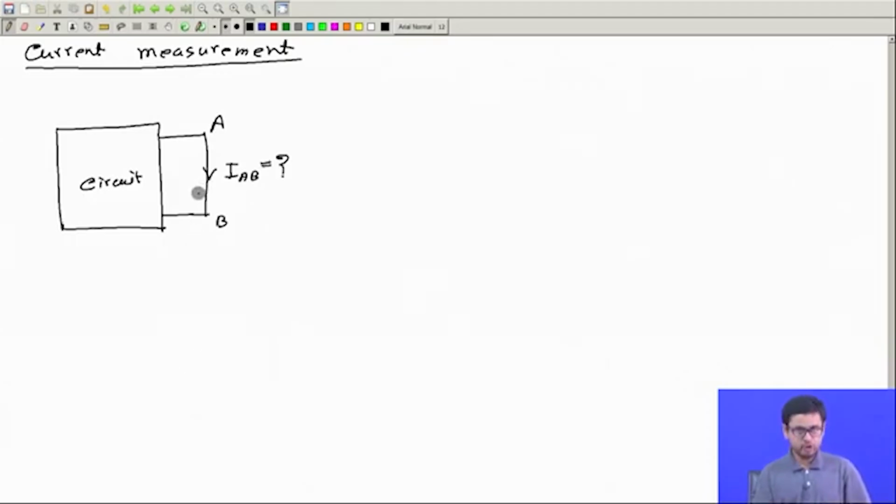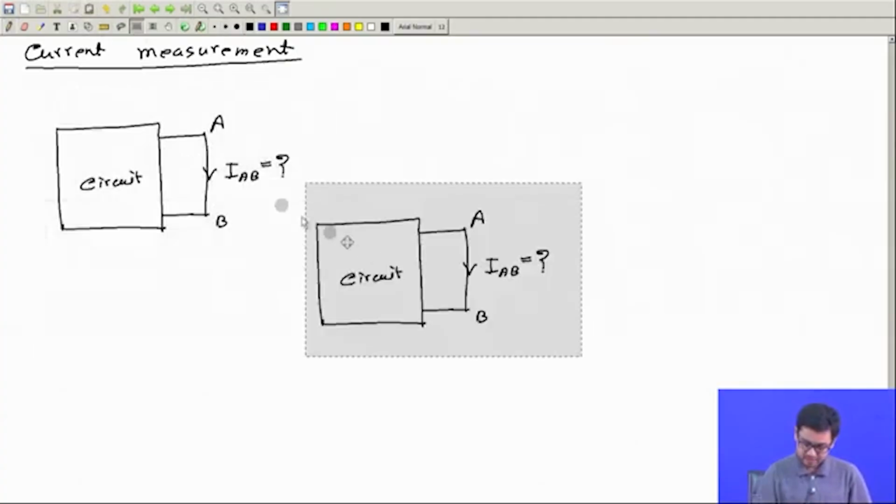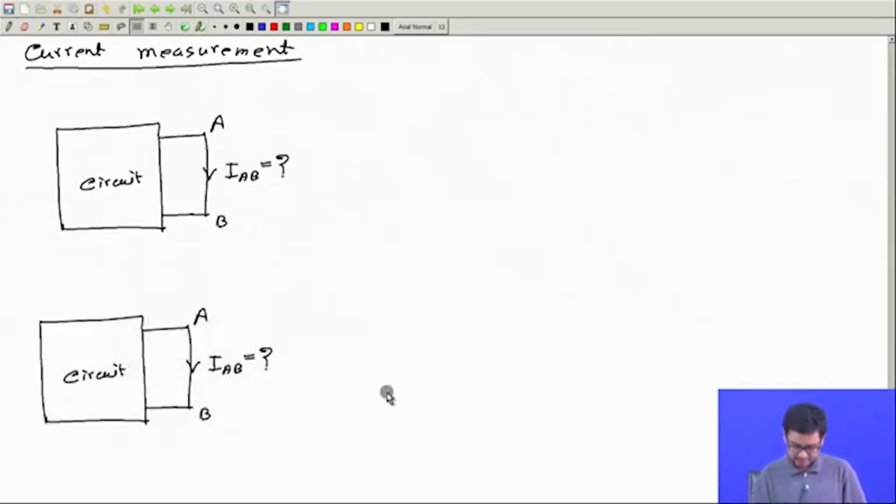Now the usual way we measure it is by inserting an ammeter in the circuit. So let me insert an ammeter. Now this ammeter can tell me the value of IAB. But there is a problem.